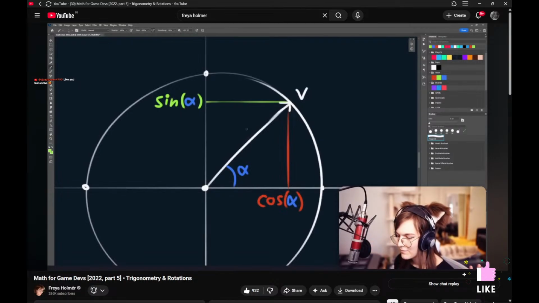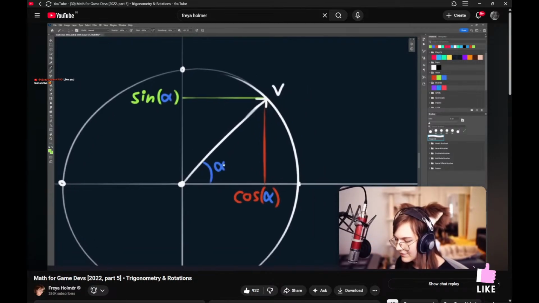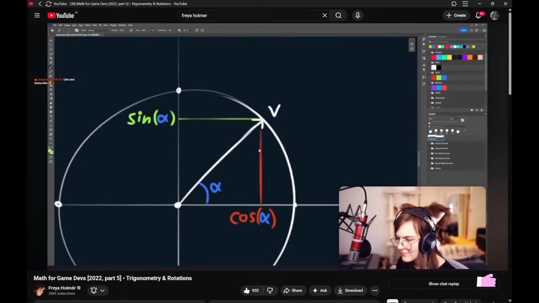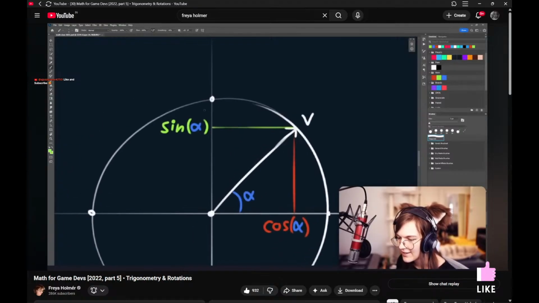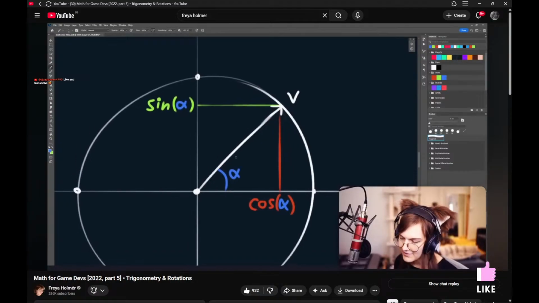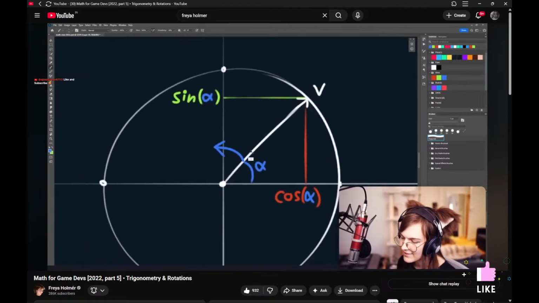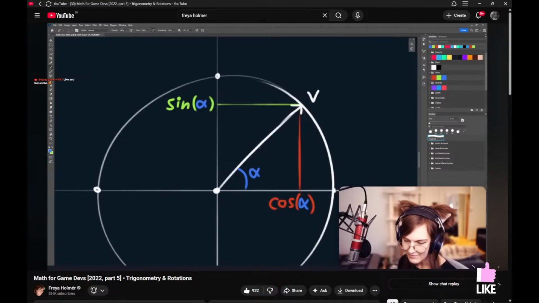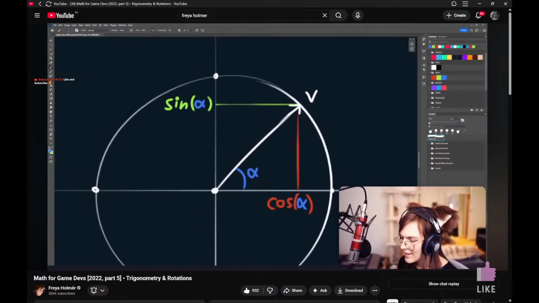And so that's what the cosine and the sine are. Given an angle, the cosine gives you the x component of this vector, and the sine gives you the y component of that vector. What happens if you keep increasing this angle?